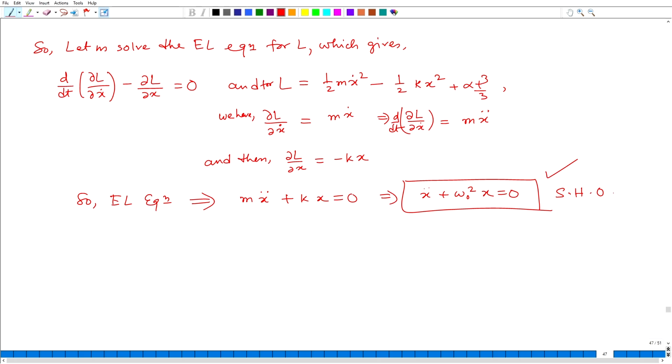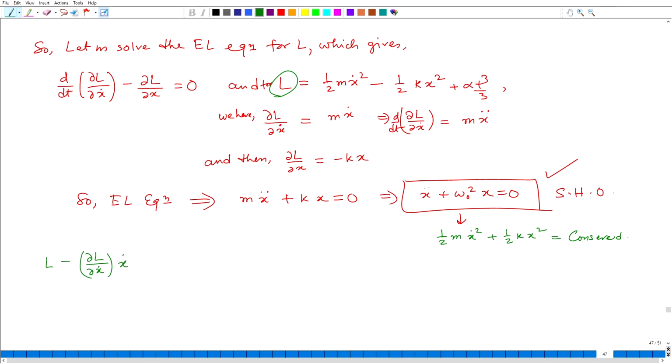We have to understand that for this system, of course, half m x dot square plus half k x square is conserved. But let us now calculate this quantity for this Lagrangian, this quantity L minus ∂L/∂x dot times x dot.